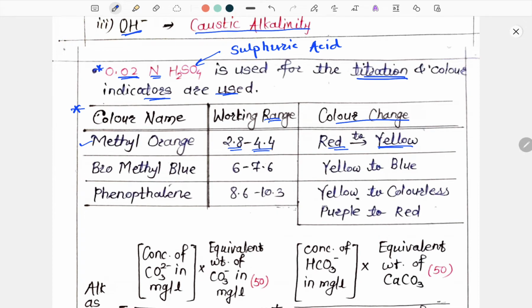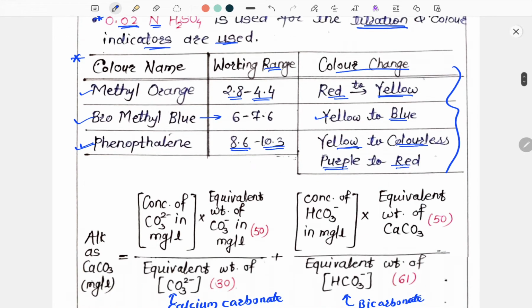For bromothymol blue, the working range is 6 to 7.6 and the color changes from yellow to blue. For phenolphthalein, the working range is 8.6 to 10.3 and the color changes from purple to colorless. So remember this table.